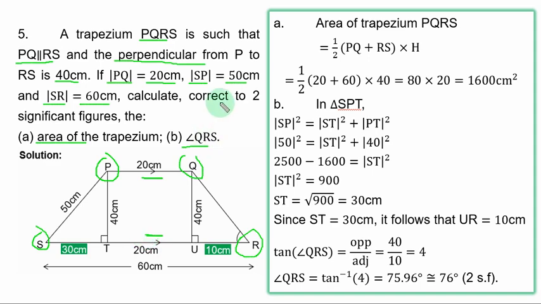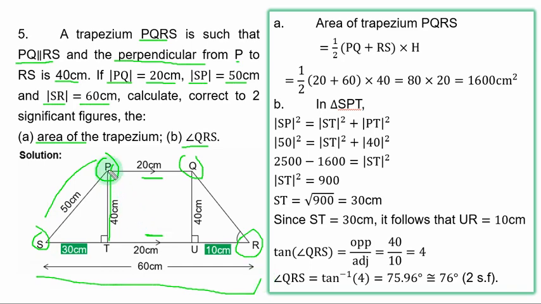From the question, the height from P to SR is 40 cm. PQ is 20 cm. SP is 50 cm, and SR, the whole of this length, is 60 centimeters.